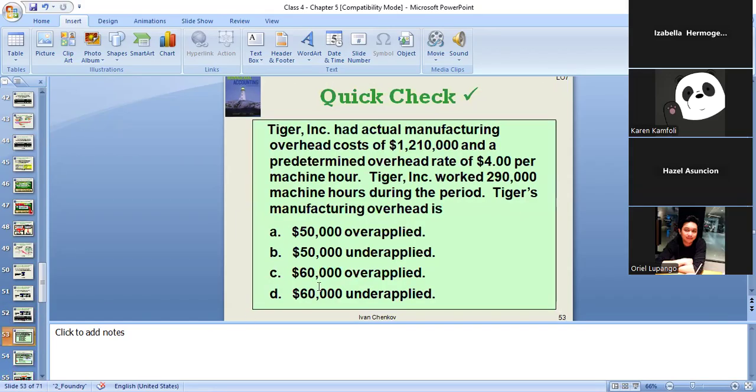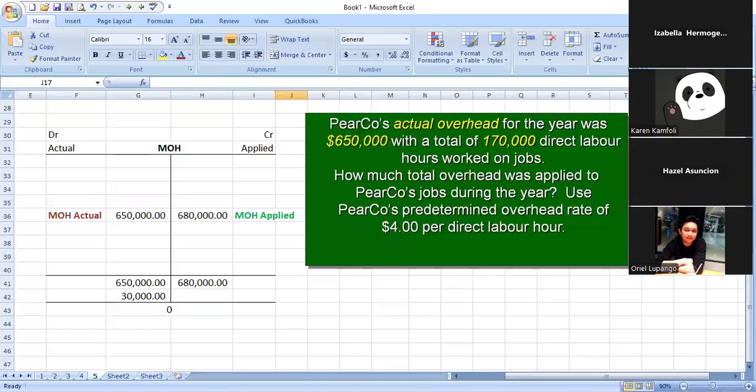Now let's see this question for us. This company, let's copy it and move to the Excel spreadsheet so we can do it together. For that one, I'm going to use the last one that we worked. That will be number 6 here.